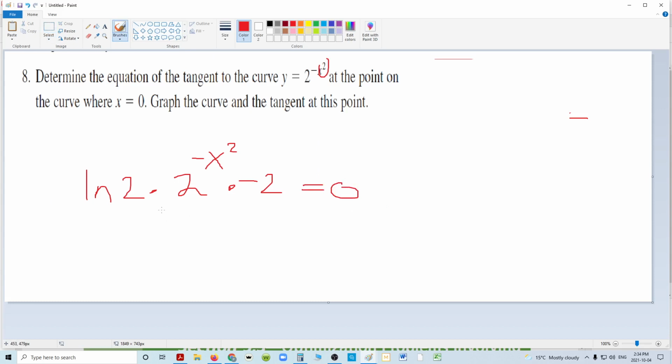First of all, for that to be 0, we're going to divide it all, and we're left with this. We cannot take a log of both sides, because there's no such thing as log of 0.